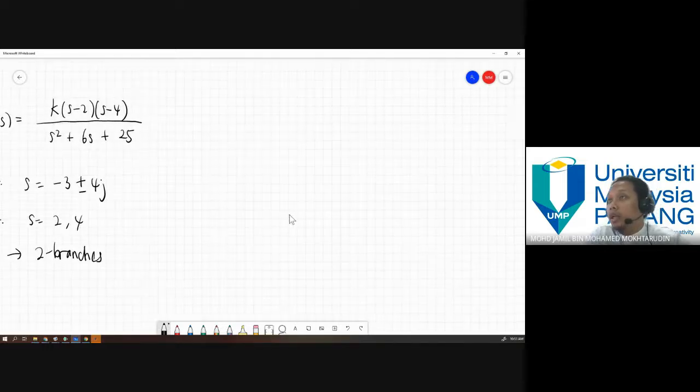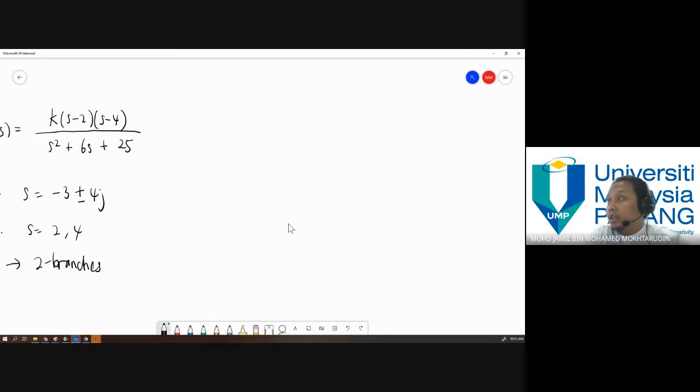So we can now roughly sketch the poles and zeros, and then minus 3. Okay, so let's determine on which section of real axis we'll have the root locus.